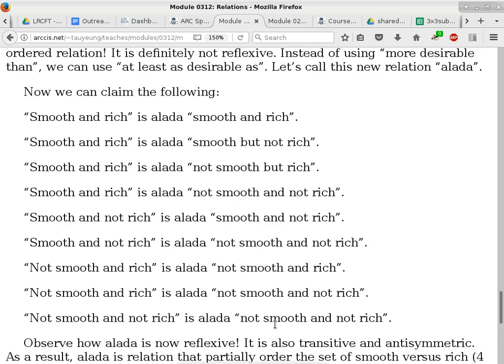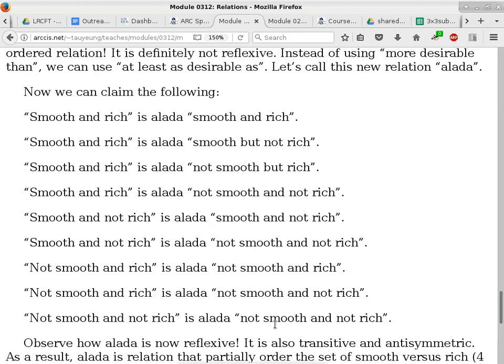Okay, let's check. Smooth and rich is at least as desirable as smooth but not rich. So that makes smooth but not rich a link element at this point. So we'll check out smooth but not rich as the first item. Smooth and not rich right here. Okay, let's pick this one. Is at least as desirable as not smooth and not rich.